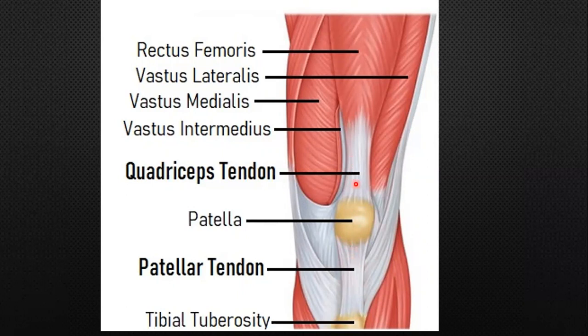This is the quadriceps tendon, while this is the ligamentum patellae. So we can see that the quadriceps femoris muscles are attached directly to the patella via the quadriceps tendon, and indirectly attached to the tibial tuberosity through the patella and the ligamentum patellae.